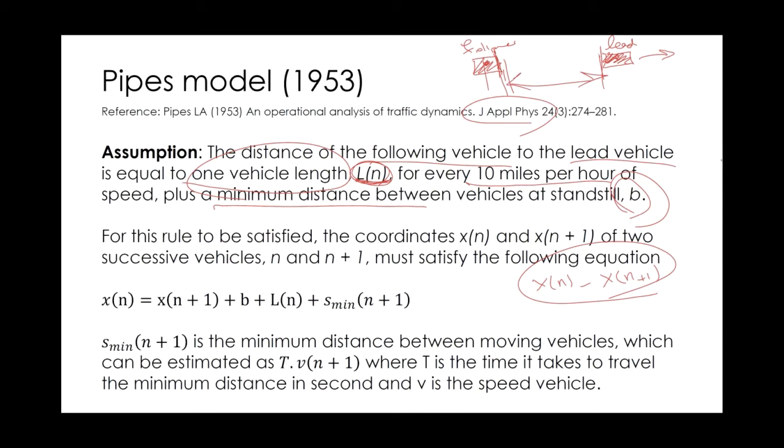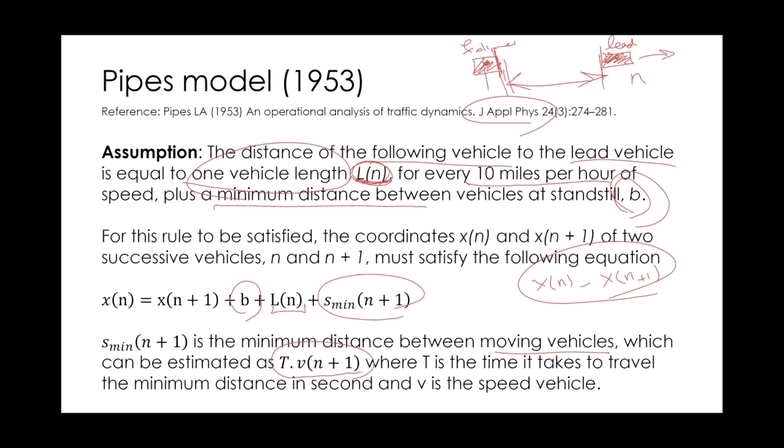So the distance between the two vehicles is actually equal to the standstill minimum safety b, plus the length of a vehicle, plus something called S-min, which is the minimum distance between moving vehicles, which can be estimated as t multiplied by the speed of the follower.